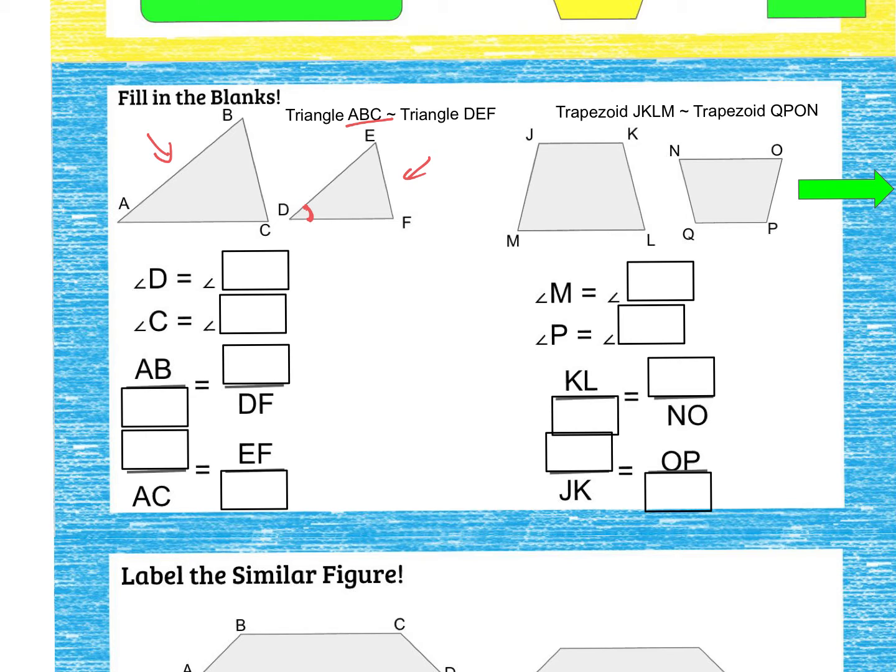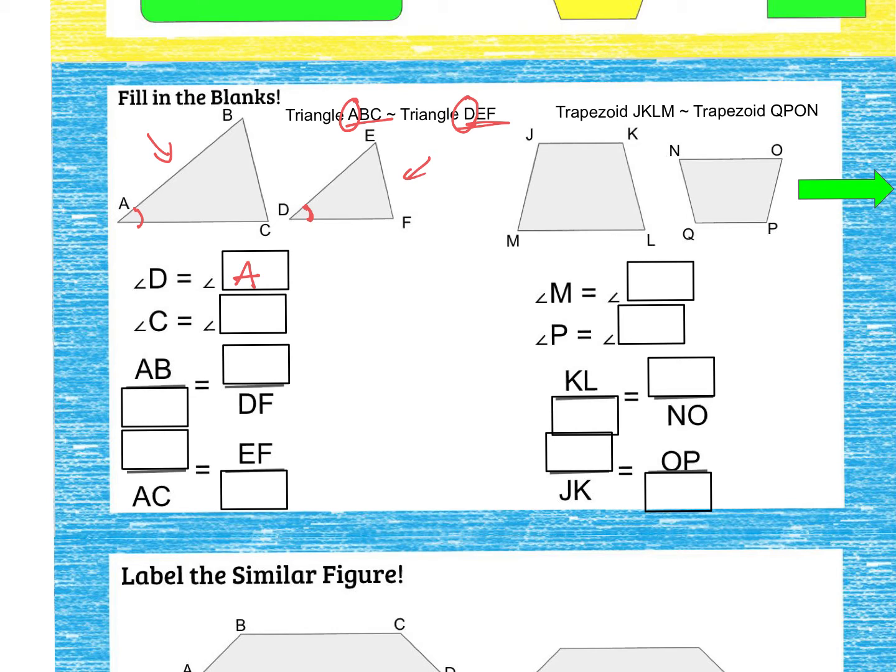So the equivalent angle with D is going to be A. As well, you can look at the order that they listed in the alphabet. We have A, B, C, we have D, E, F. So D is the first one on the second triangle, which is gonna go with the first one on the first triangle.